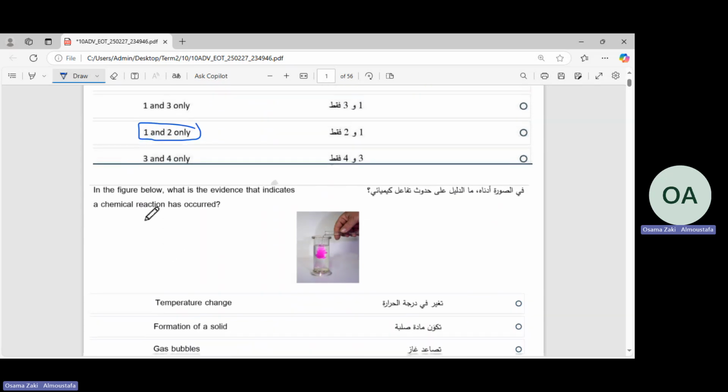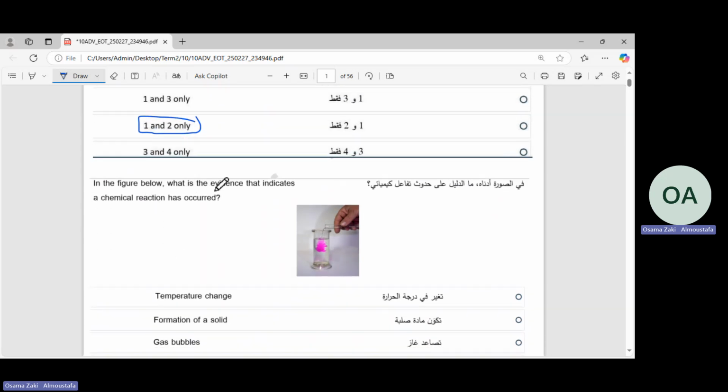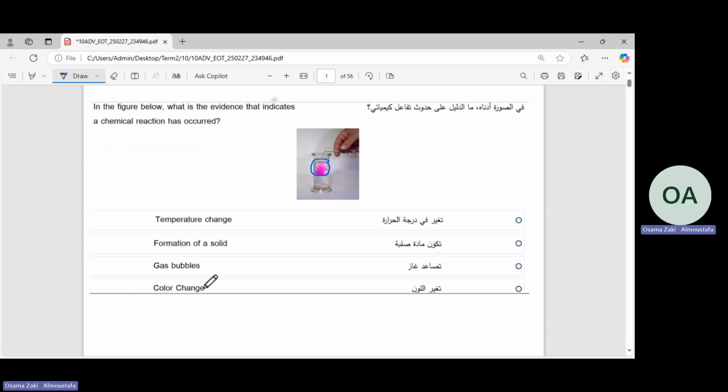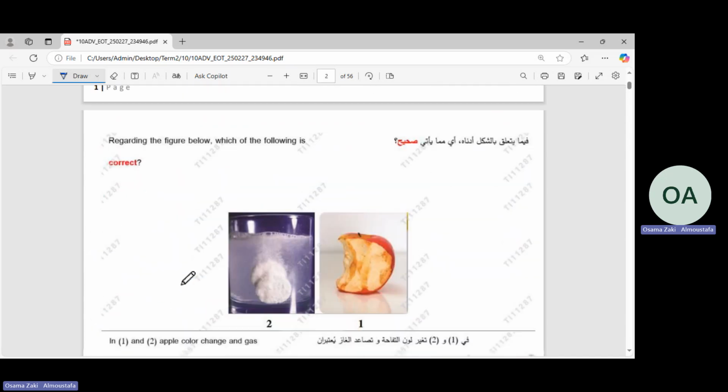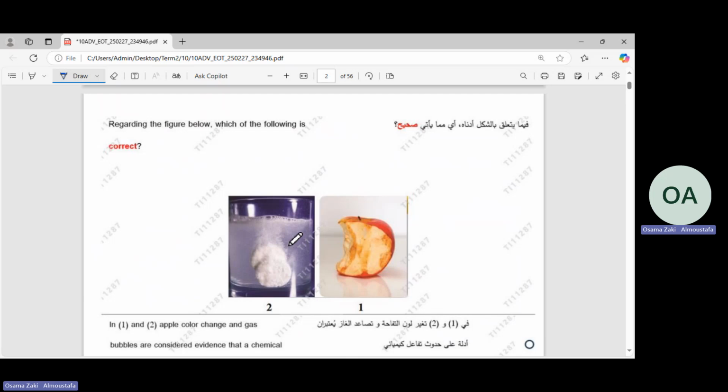Next question. In the figure below, what is the evidence that indicates that a chemical reaction has occurred? As we see here, we have a change in color, because we have a transparent liquid and a transparent liquid, so there is a change in color. Look at the pictures here.